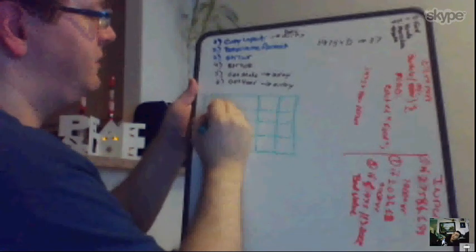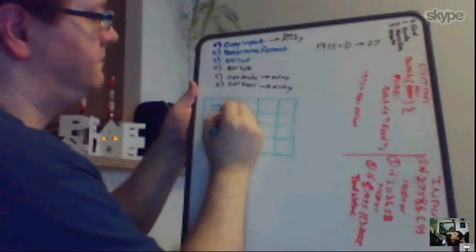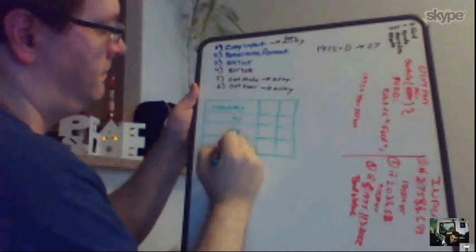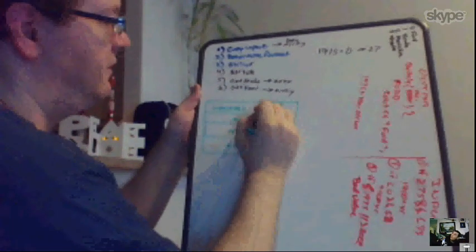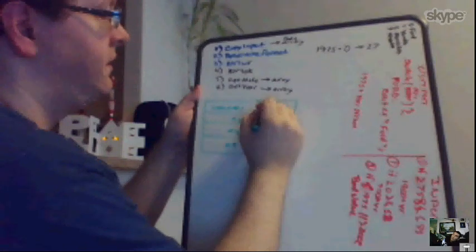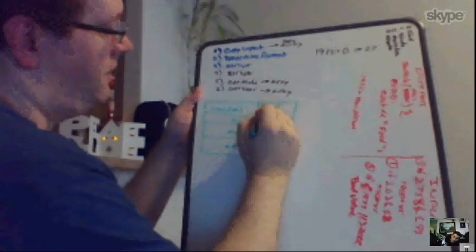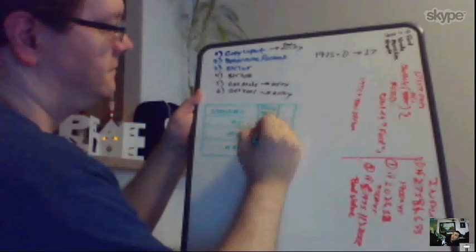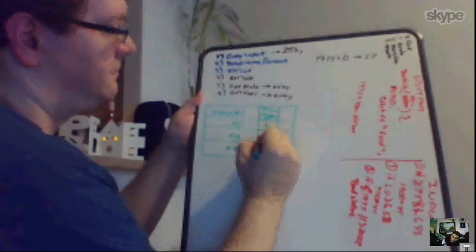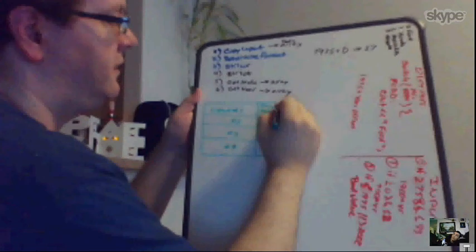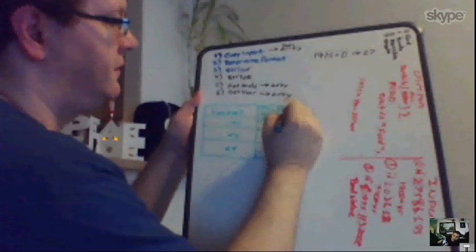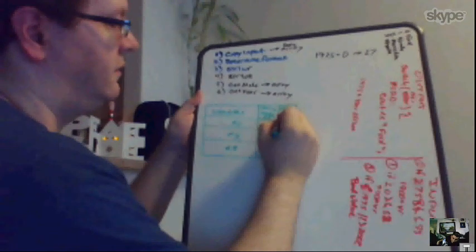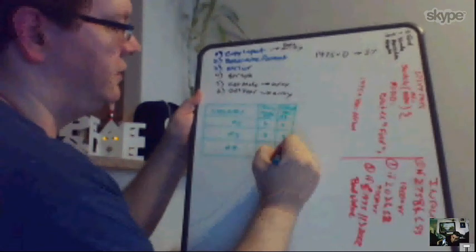So this is the input. This is the enum of the make. And this is the offset here. 1, 2, 3, 4.